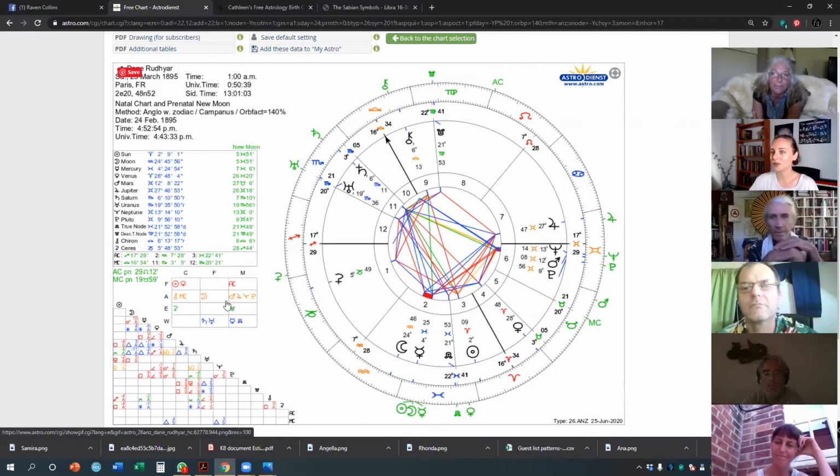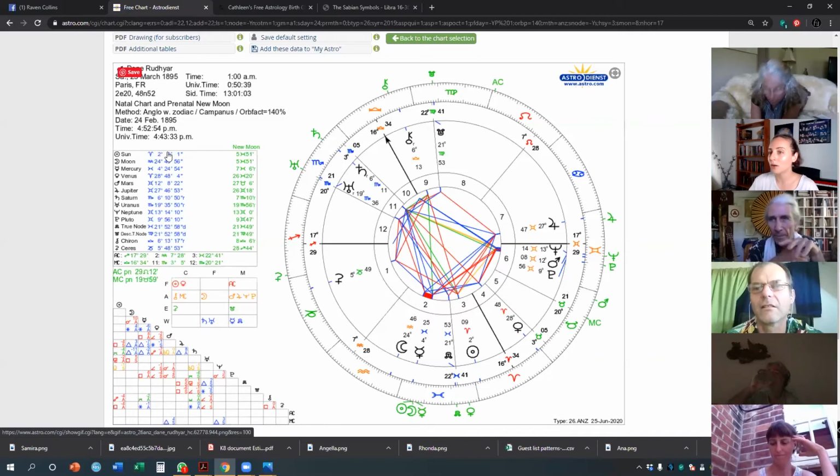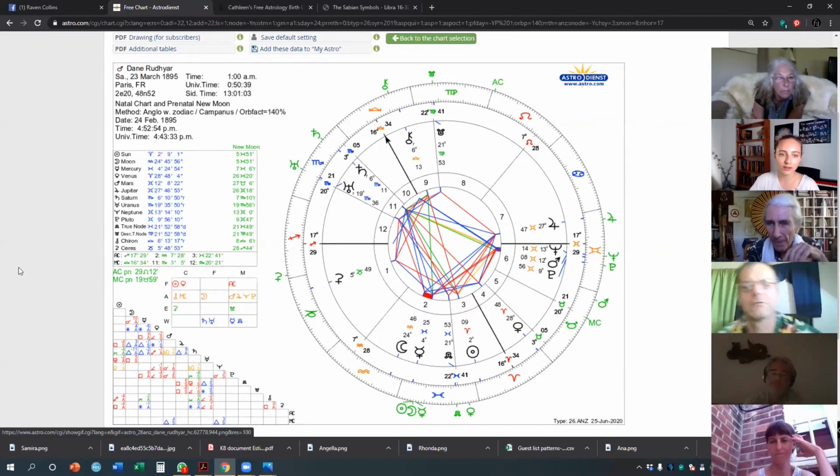Yeah, so it's the 5th. But so that's Rudyard's chart. So this is the Sun in Aries, 2 point something, and that's the 3rd degree. That's where you have your ascendant. No, my North Node. Your North Node. And his ascendant at 18 degrees Sagittarius is exactly the degree of my Saturn in 18 degrees Sagittarius.